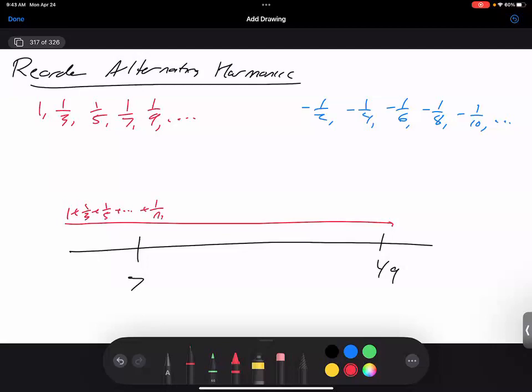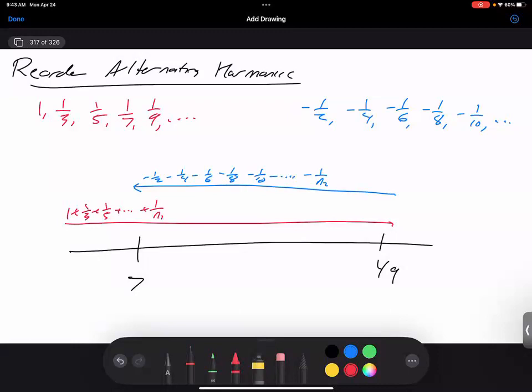I don't know what that number is. Then I'm going to add the negative terms until I dip just below 7. So minus a half, minus a fourth, minus a sixth, minus an eighth, minus a tenth, minus ... minus 1/n sub 2.